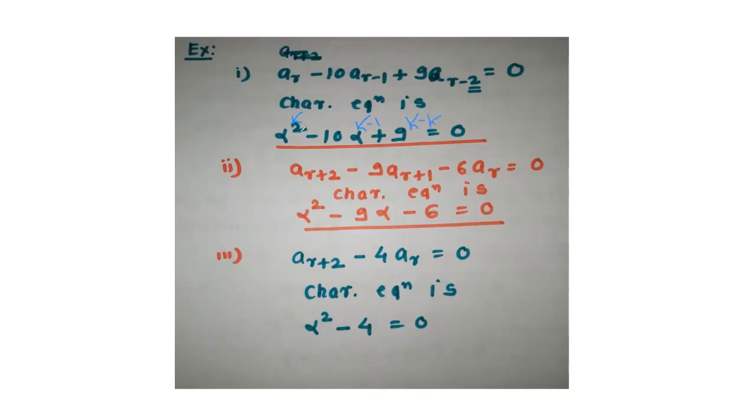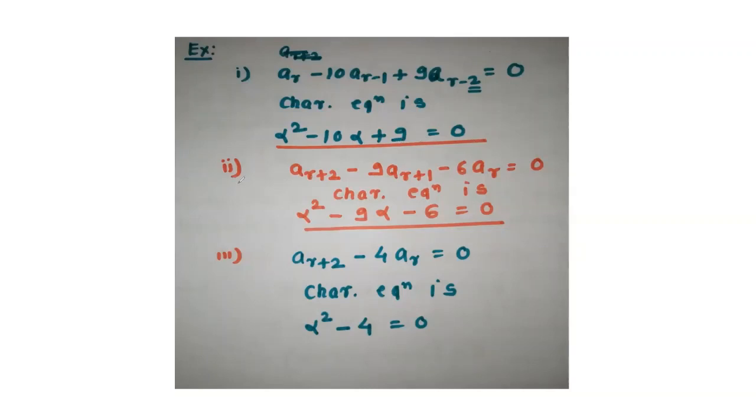So alpha square minus 10 alpha raised to k minus 1. The value of k is 2, so 2 minus 1 is 1, plus 9 with k minus k being 0. So the characteristic equation is alpha square minus 10 alpha plus 9 equal to 0.